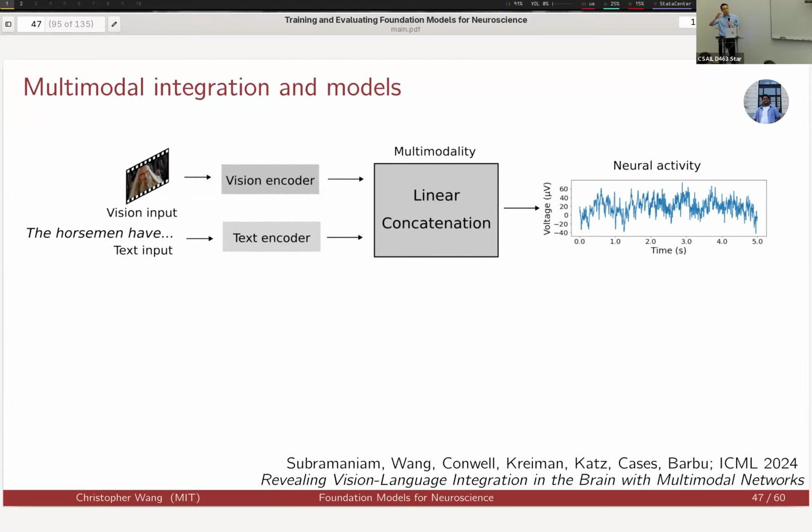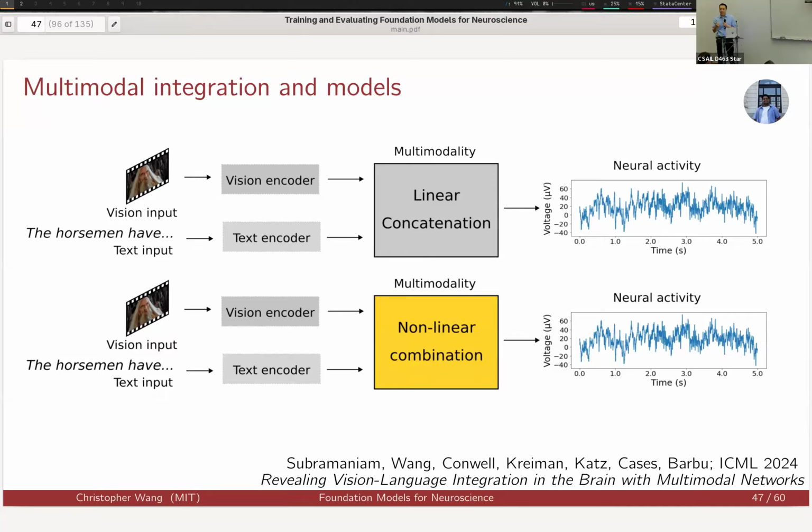And what we're going to do is take models that are trained only on vision, only on language, and check where they best align with the brain. And then we're going to take models that do some nonlinear combination of vision and language, and check where they best align in the brain. And the inference we're going to make is wherever these multimodal models are better aligned than any of the unimodal models, that's probably where multimodal integration is happening.